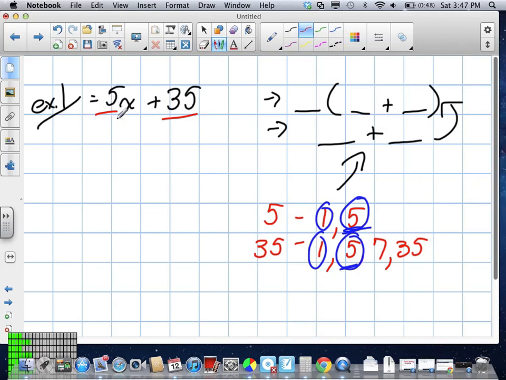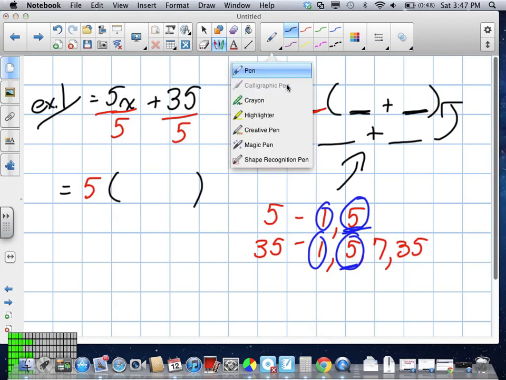So what that means is I'm actually going to divide each of these terms by the number 5. When we do that, this 5 doesn't disappear. It's very important. It comes outside, in this spot here, and then we write our brackets in. That's where we're going to get these two terms, by dividing.